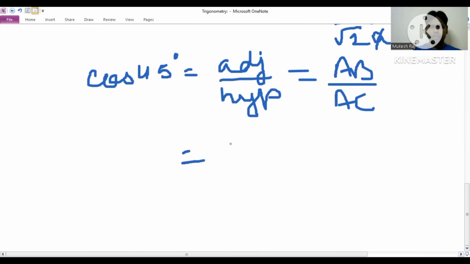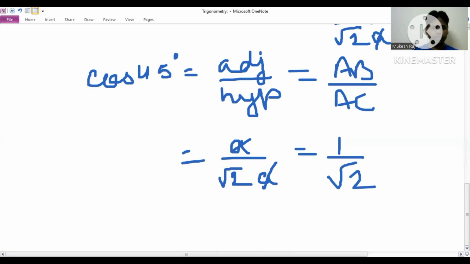AB we have taken as A, and the value of AC is under root 2 A. Again, this A will get cancelled out, and you will be left with 1 upon under root 2. So you can see that the cos 45 value is equal to the sine 45 value, and that is equal to the constant 1 upon root 2. Hope, dear friends, this much must be clear to you.